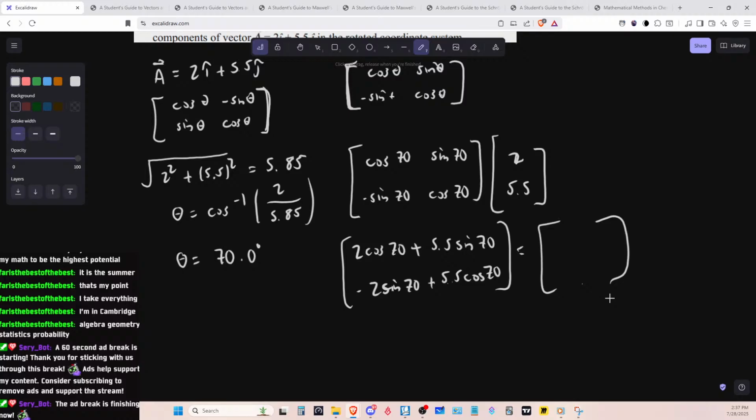So what I did was I basically used Pythagoras' theorem right here and got the hypotenuse of these two vectors, well, the distance actually, and then did the inverse cosine here. That's how I got the angle. 70 plus.